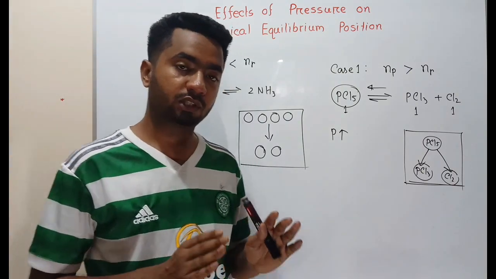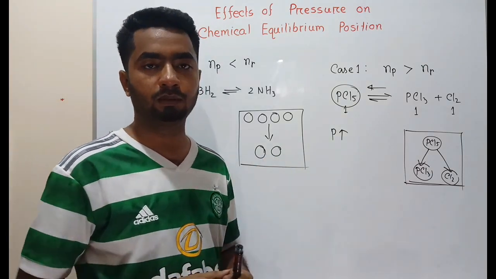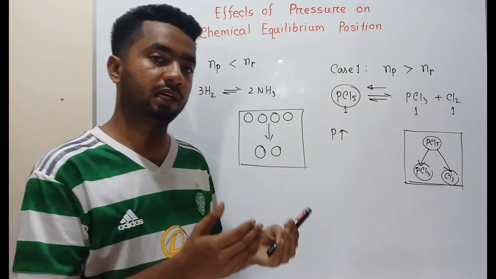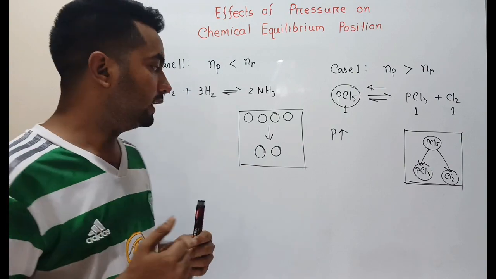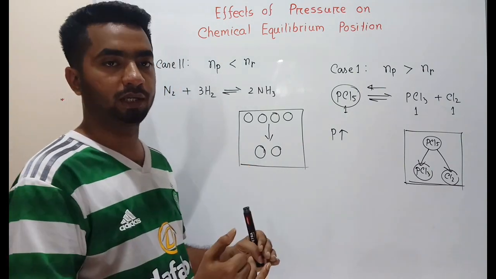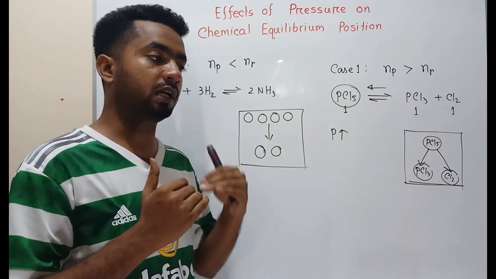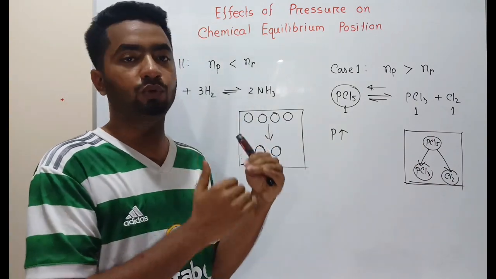Now come to the Le Chatelier principle. We know that according to Le Chatelier principle, what the system automatically does, we should do the opposite. In this system, the amount of pressure has been decreased automatically, so we should increase the amount of pressure to move the chemical equilibrium position to the right.